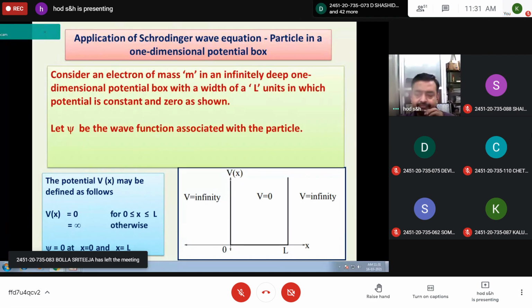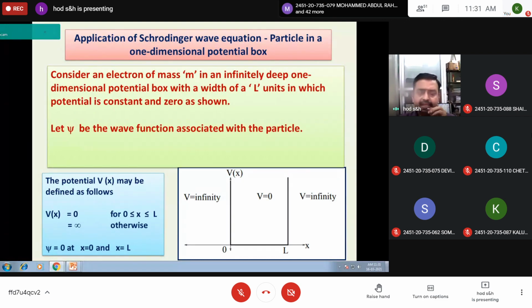Next, let psi be the wave function associated with the particle inside the box. The probability of finding the particle inside the box is always 1 and outside the box is 0.